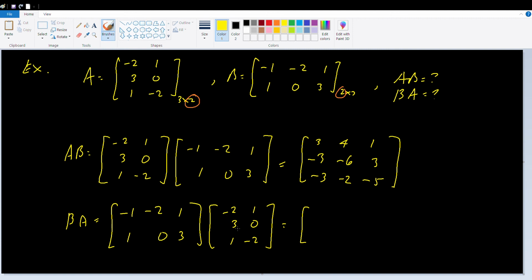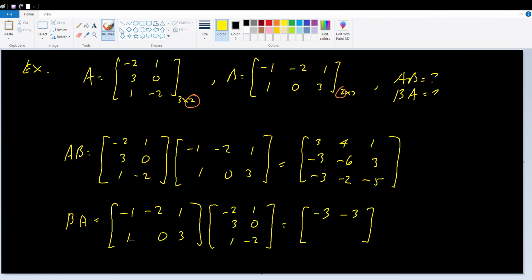Negative 2 times 3 is negative 6. 1 times 1 is 1. So 2 minus 6 is negative 4. Plus 1 is negative 3. Next, first row, second column. Negative 1 times 1 is negative 1. Negative 2 times 0 is 0. 1 times negative 2 is negative 2. So negative 1 plus 0 plus negative 2 is negative 3.